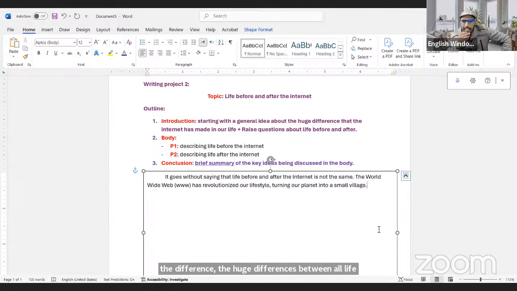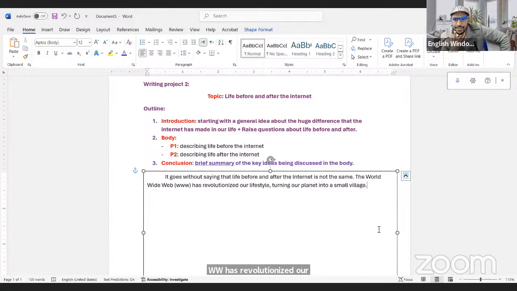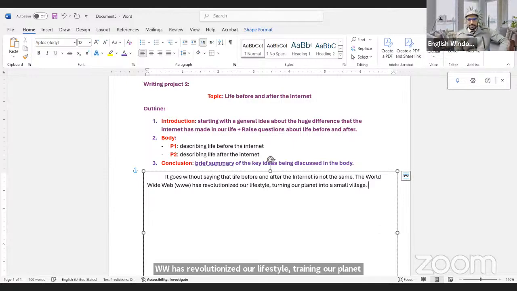Something to add, because an introduction should consist of at least 4 lines. So something like: It goes without saying that life before and after the internet is not the same. The World Wide Web, WWW, has revolutionized our lifestyle, turning our planet into a small village.